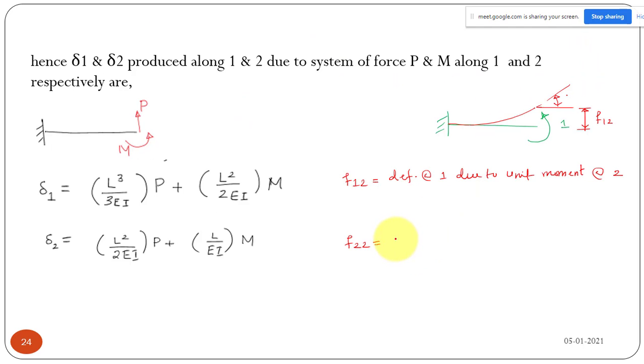So I can write this as rotation at 2 due to unit moment at 2. Now we can directly use the result again. We have a cantilever beam and we apply a moment M like this. So this will be your deflection delta in the beam.